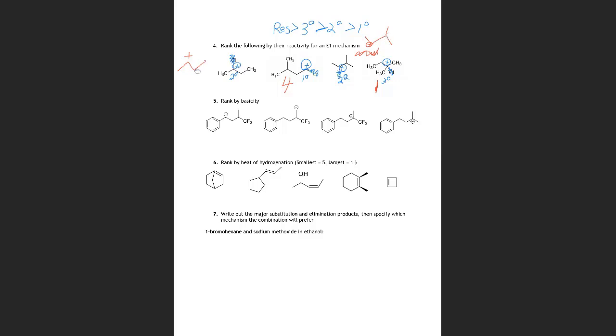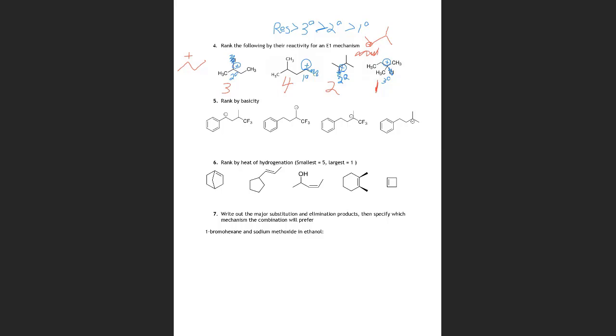This group does not have the 2 methyls. Instead, it doesn't have as many carbons, as many electron donating groups. So our third compound is the more stable of the 2. I hope that makes sense. So we're going to have 2 and we're going to have 3. Again, that's just because of the inductive effect stabilizing that carbocation.